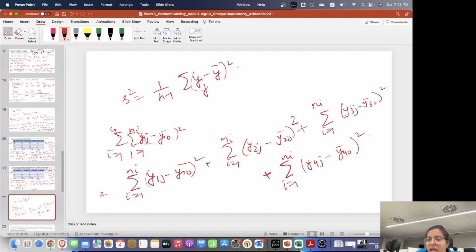This is nothing but each of the individual group values minus the group mean, whole square. If we draw a parallel, this will be n1 minus 1 into s1 square, because if we divide by n1 minus 1, we would have s1 square. So this is an alternative way, if you are given the sample variances, of how you should calculate.